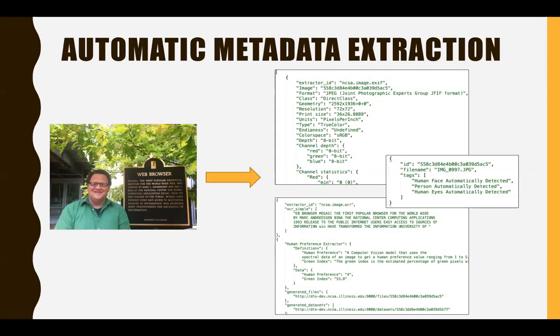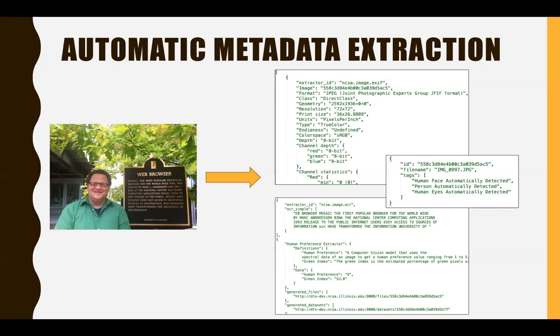If you had the OCR extractor deployed, you might get, down below, the words of what's in that image in the tag about the web browser. Maybe you have the green index extractor that tells you how much green is in that image. And that's, in a nutshell, what's somewhat unique to Clowder.